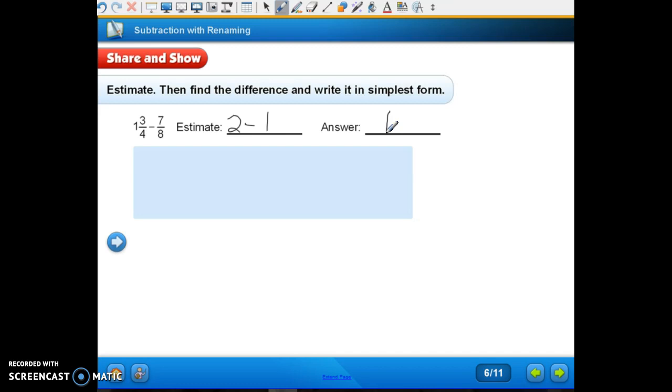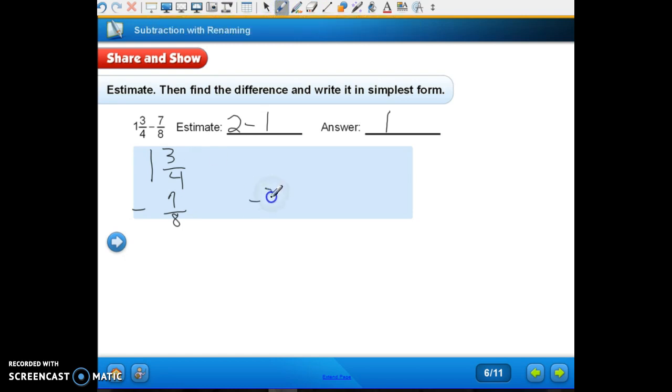Now we're going to take 1 3/4. I like to write them under each other. What common denominator can I use for 4 and 8? 8. So am I going to have to change 7/8? No. So I can subtract 7/8.